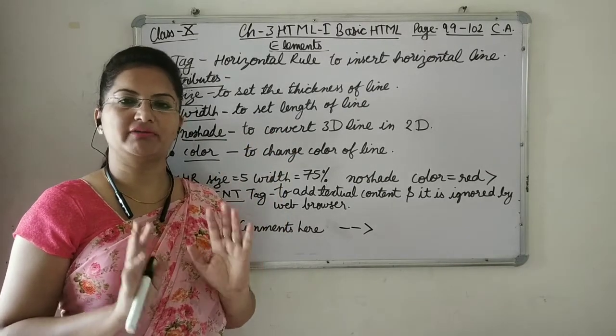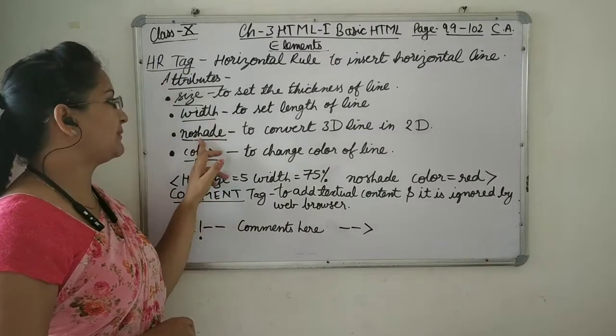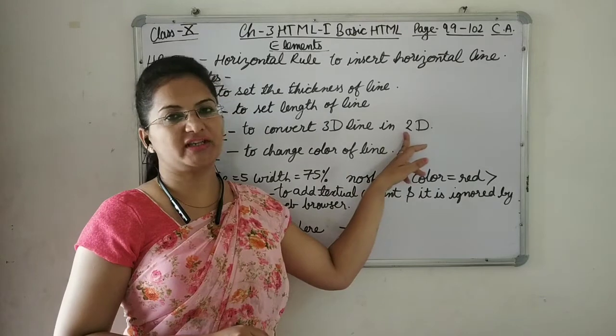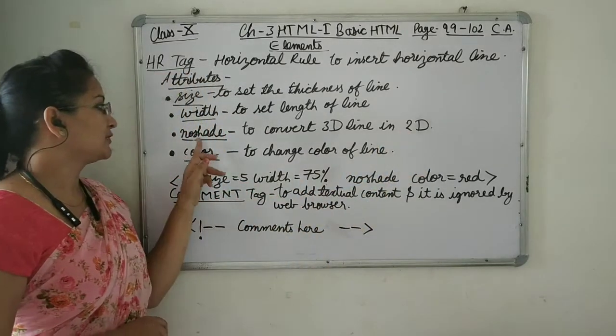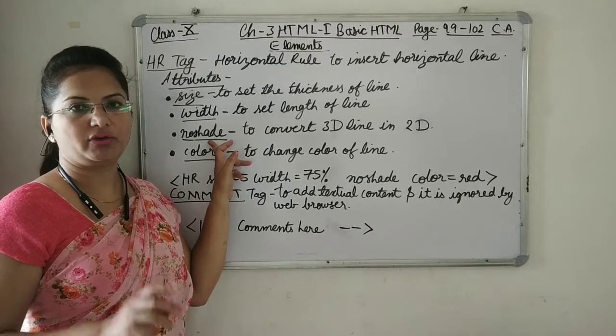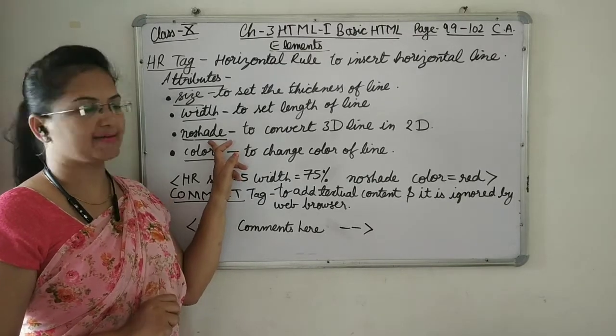By default there will be a 3D line, and with the help of noshade, the shadow will be removed and we will be able to see a 2D line. The noshade attribute does not have any value. You have to simply write noshade as such.